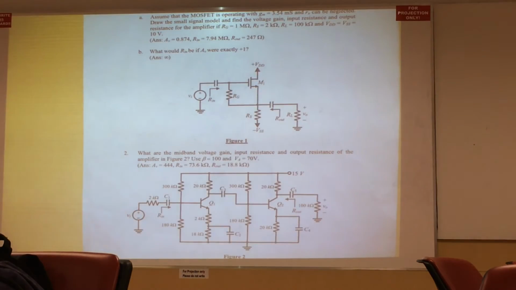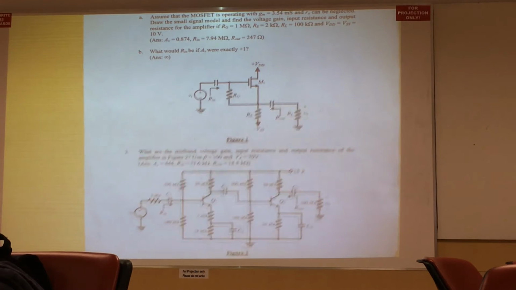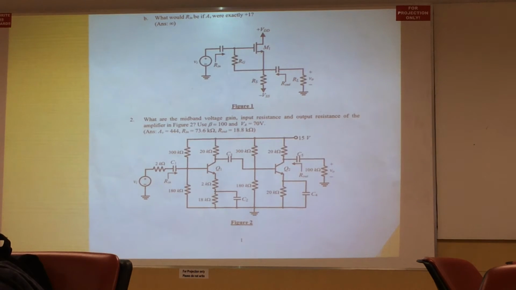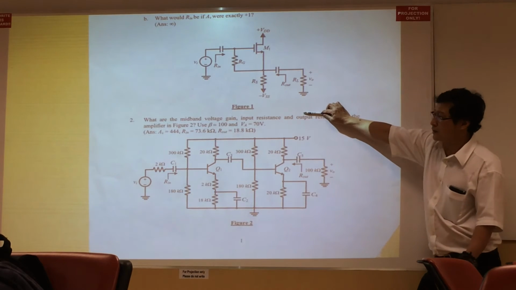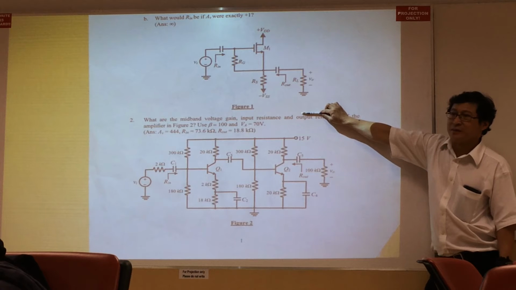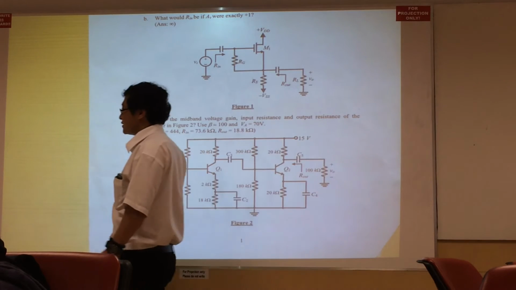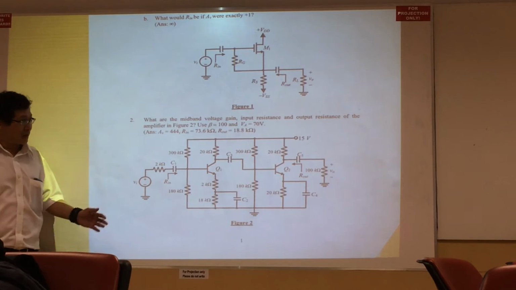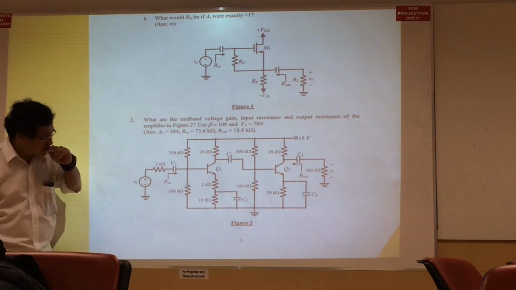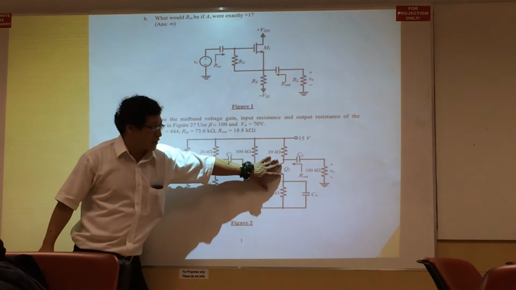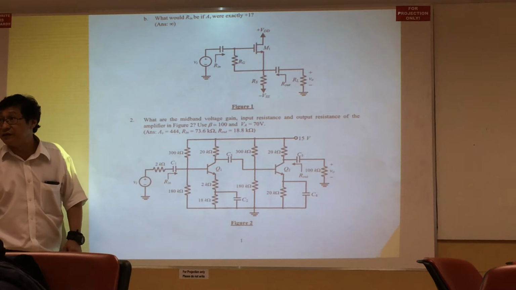So, the days of one transistor are over. From question 2 onwards until the end of this semester, there will be more transistors. So starting from question 2, you see transistors that are much more than one. If you look at this stage and this stage, they have the same DC condition.